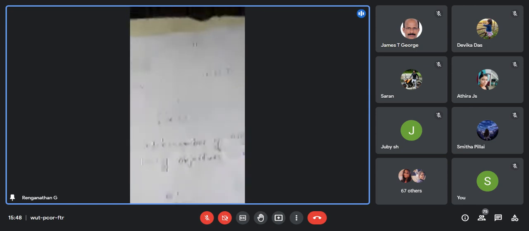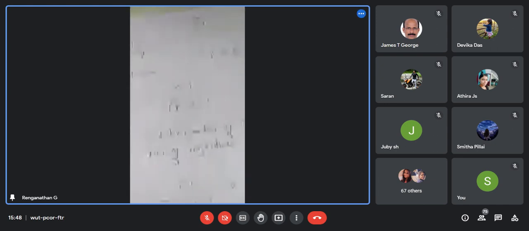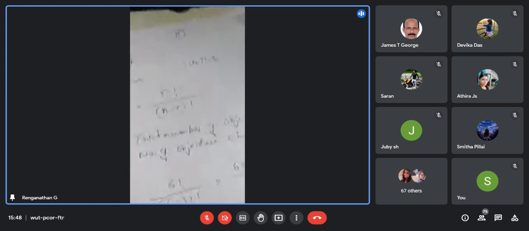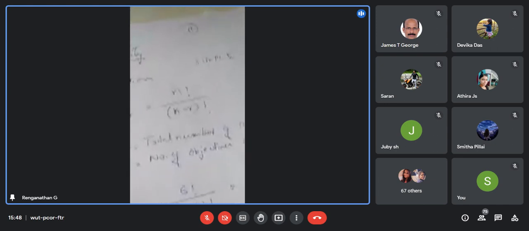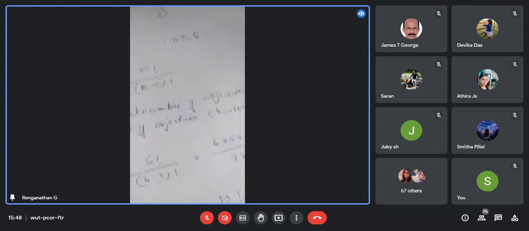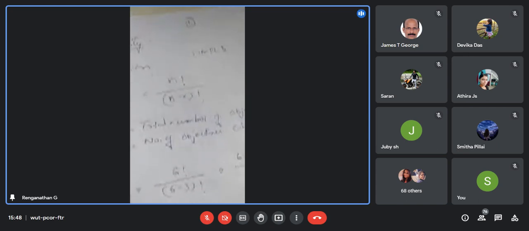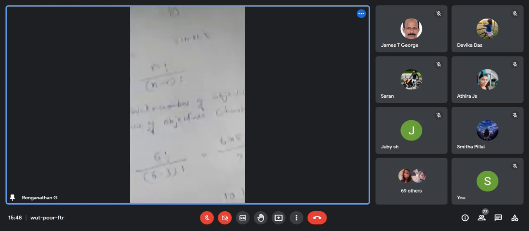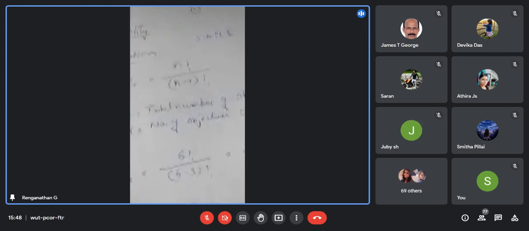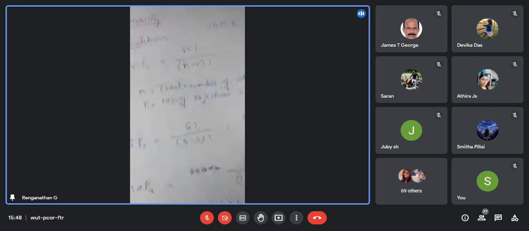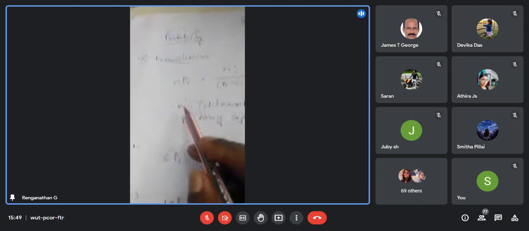Here 1, 2, 3, 4, 5, 6 letters are there, and out of these we choose 3 letters. In how many ways can these 3 letters be arranged? That's the question. I think you understood that.